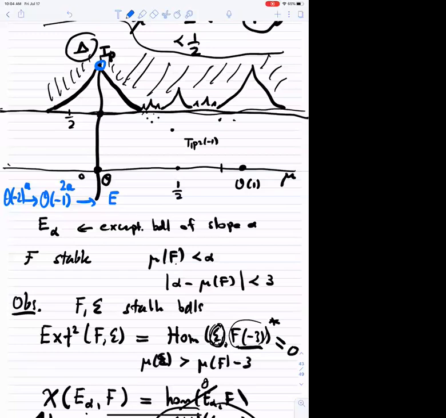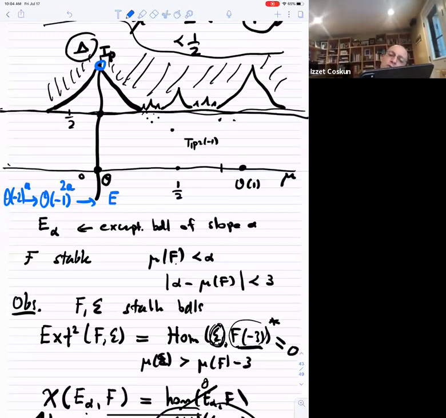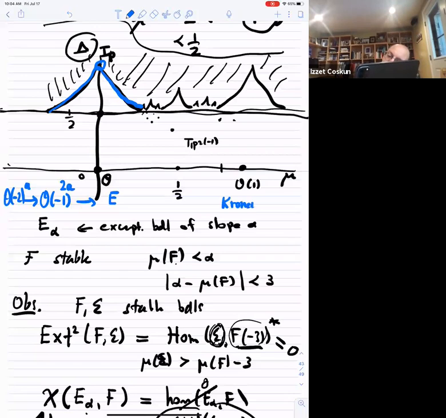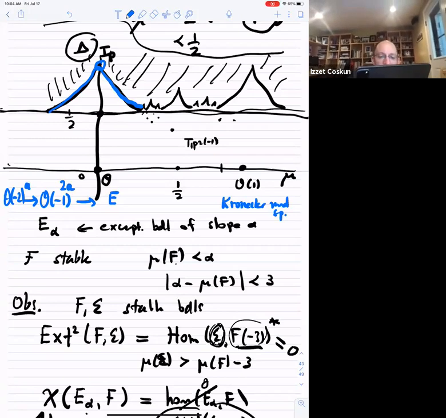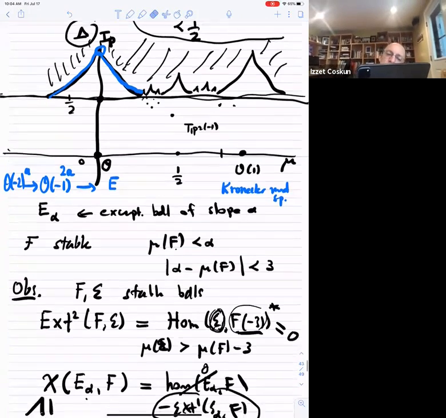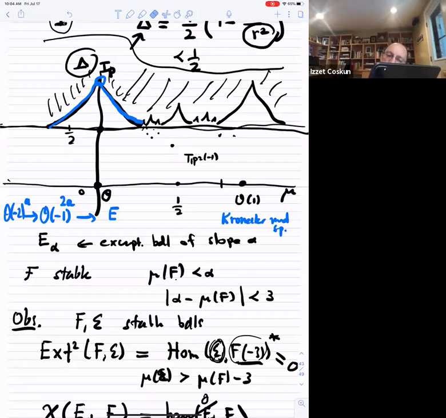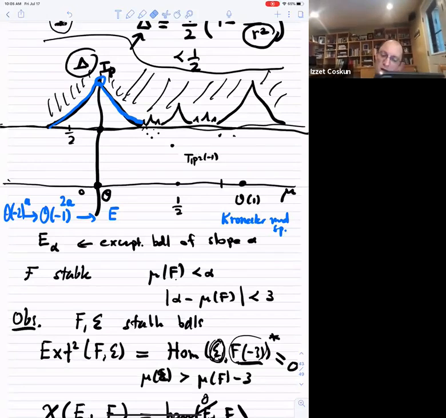Right. You know the moduli spaces that lie in here really well. They are Kronecker moduli spaces. What I should have said is that they are spaces of Kronecker modules.